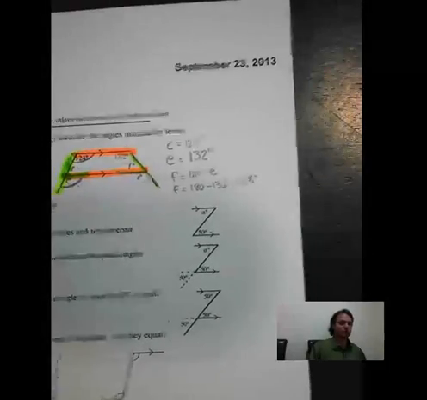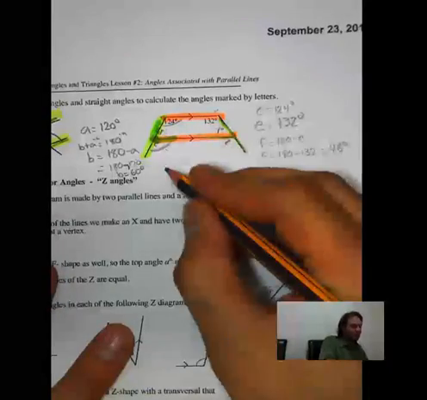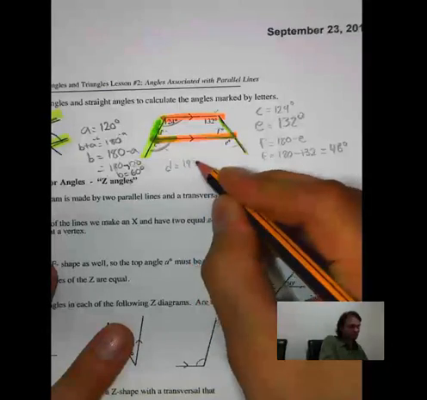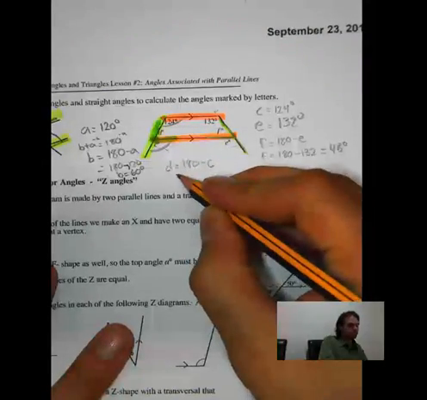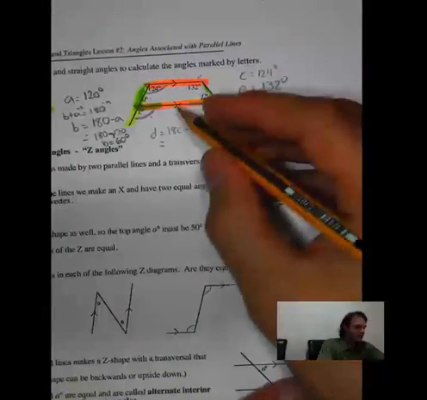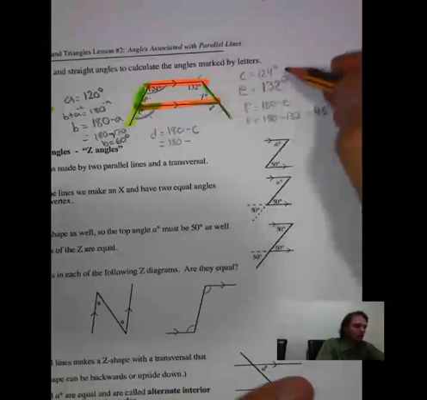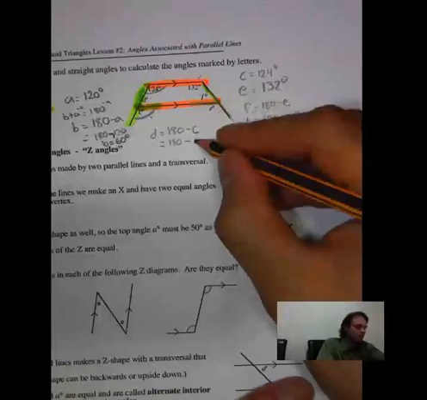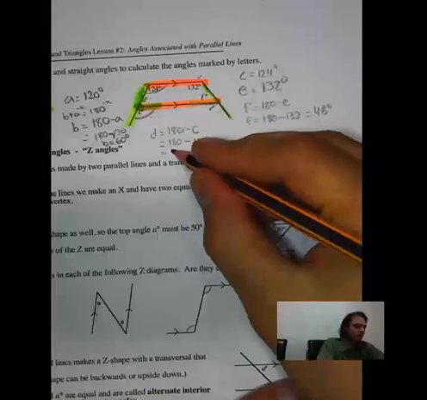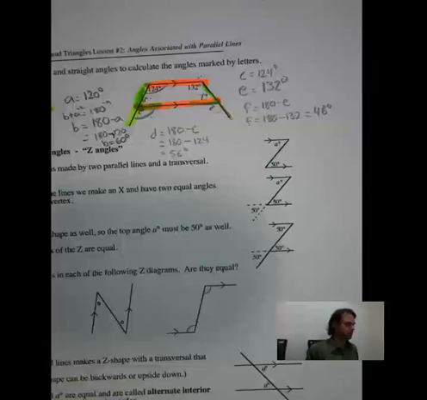So we know C, so then D is equal to 180 subtract C. Continue with that. We are going to get 180 subtract, and C was 124. Continue this, and we will get 56 degrees. And there we go. So now we're done that one.